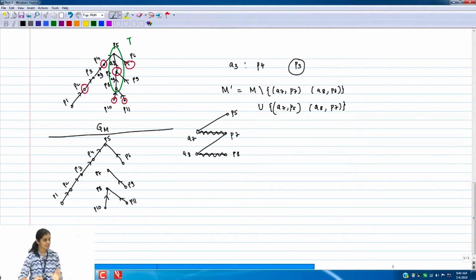Nothing has changed for the rest of the people, but this, because I applied this green path, has reversed its edges. Does everybody see this? Because now A7 is matched to P5 and its OM prime of A has become P7. Similarly, A8 is matched to P7, so its OM prime of A has become P8, right.